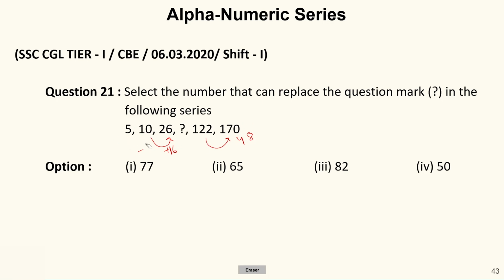But if you know squares, you can clearly see that 5 can be written as 2 square plus 1, because it is 4 plus 1.